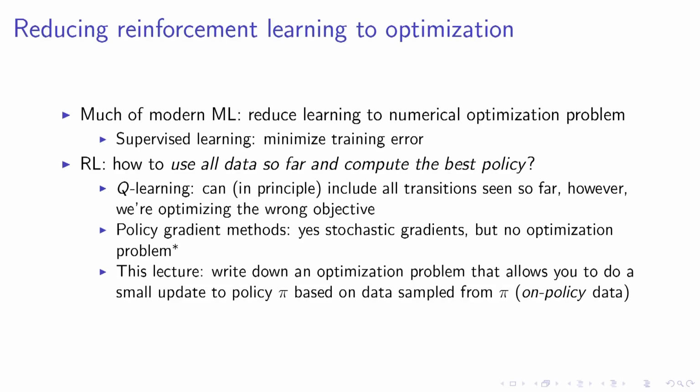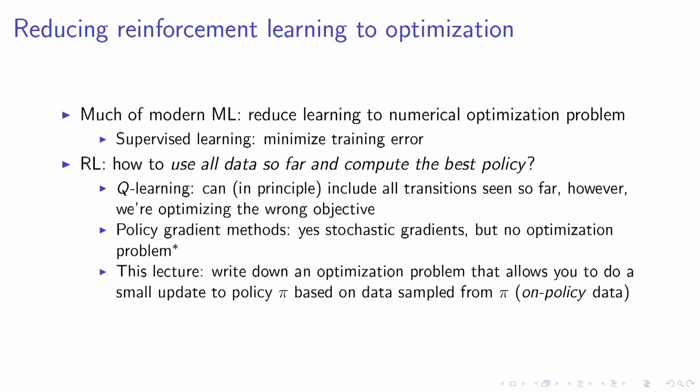I want to make that point in a slightly more philosophical way, or describe what we kind of want to do here. If you think about a lot of modern machine learning, a lot of it's about reducing the learning problem to numerical optimization. Learning is about being able to make some kind of prediction on data you haven't seen before.